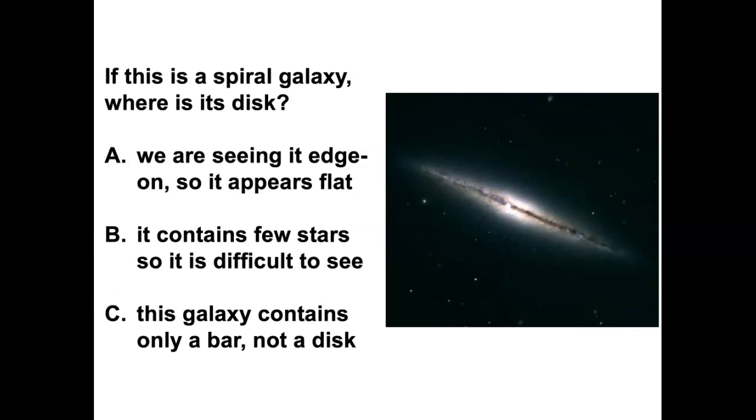What do you think? If this is a spiral galaxy, it doesn't look like a spiral. Where's the spiral? If this is a spiral galaxy, where is its disk?